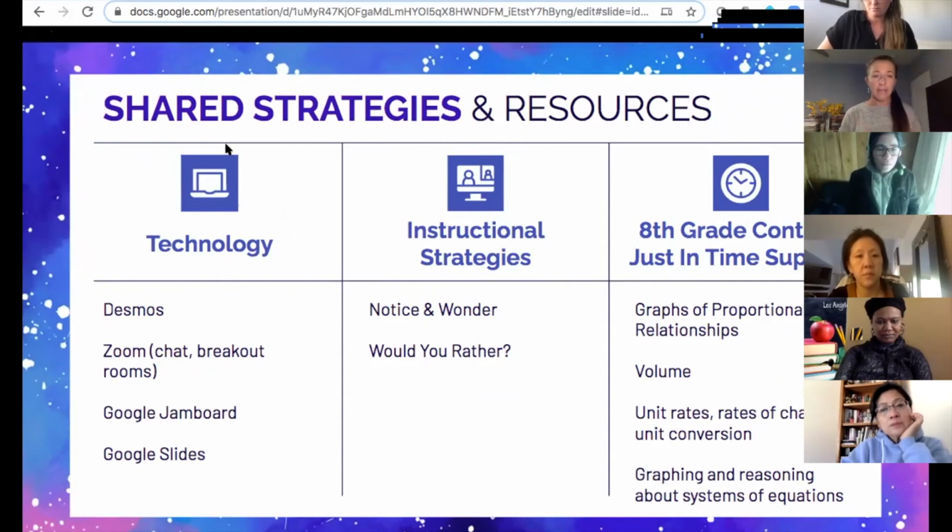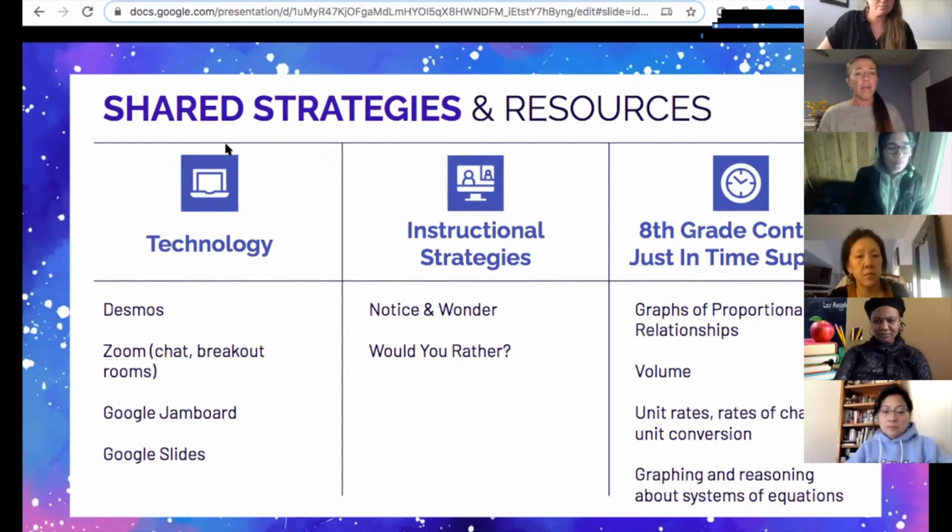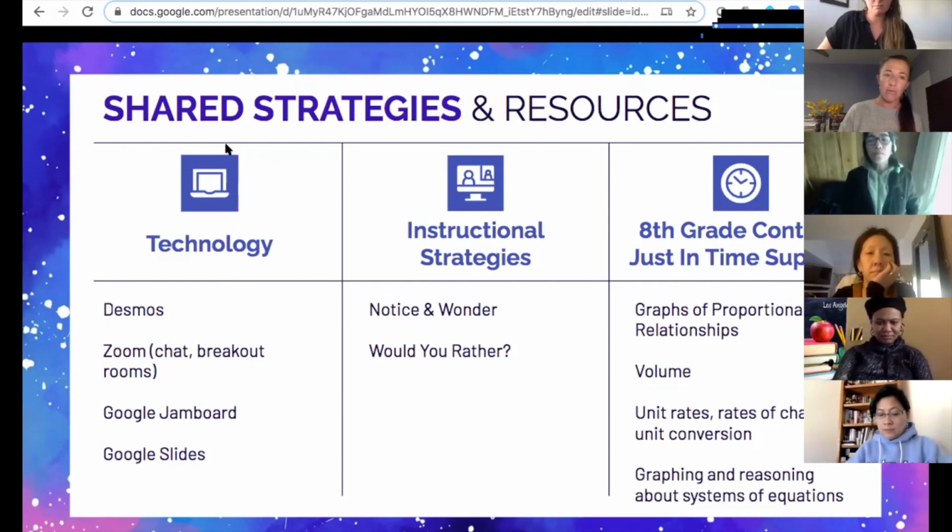We do not expect that you go back and try every single thing that you've seen here today. We know that's not sustainable, but our call to action is that we want you to leave here today and try something that you've seen, whether it's tweaking something that you were already doing, adding to something that you were already doing, or really just jumping in and trying something brand new.